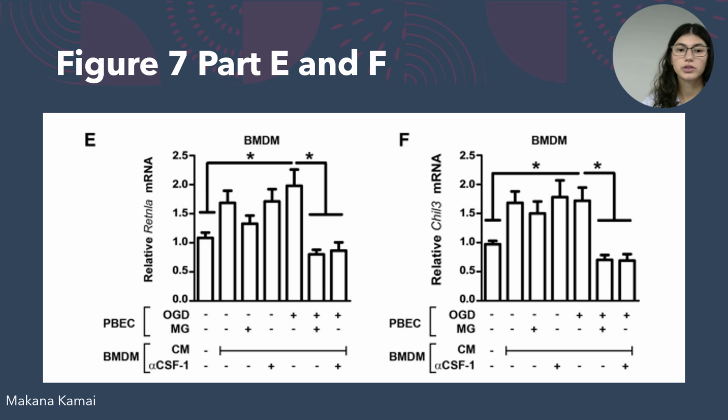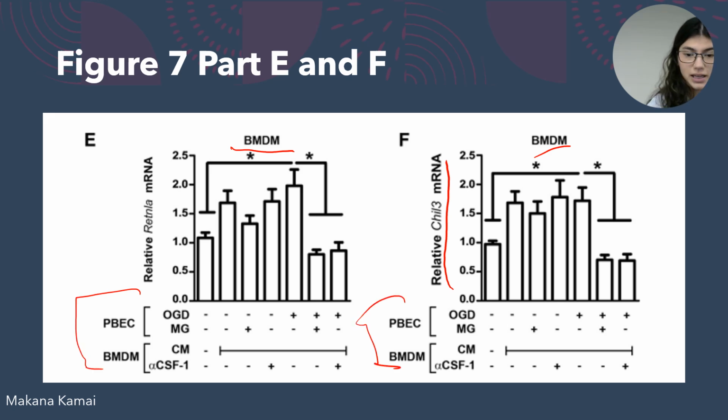Okay, moving on to figure E and F. This one has a lot going on. So right here, we're looking at our relative retnla mRNA and the relative CHIL3 mRNA, which are both markers. Up here, we have our BMDMs, and these right here are going to be our PBECs and BMDMs.